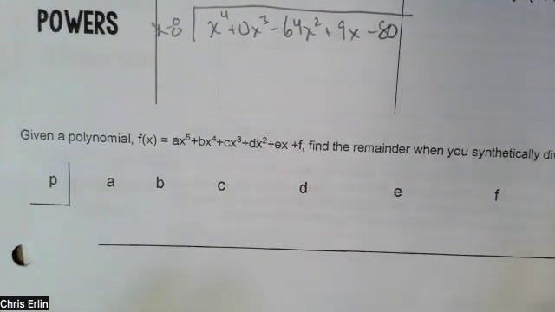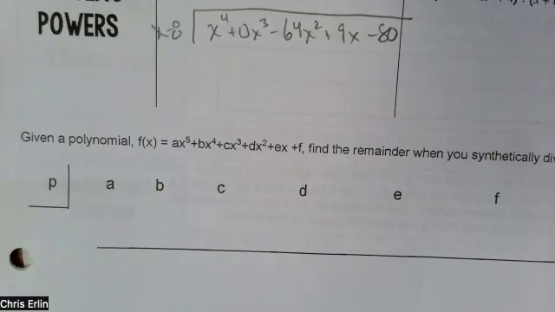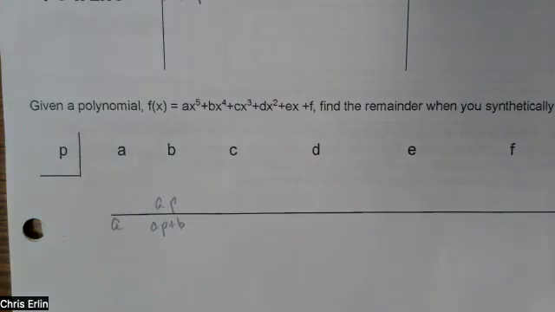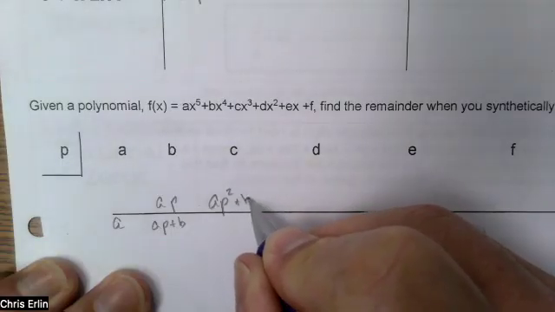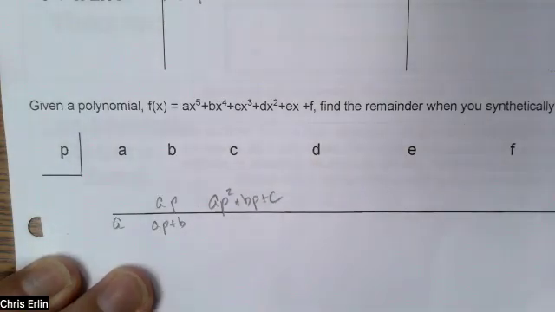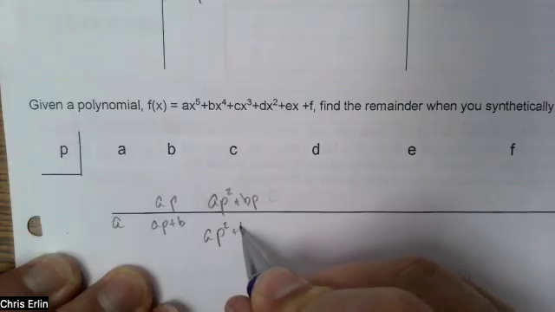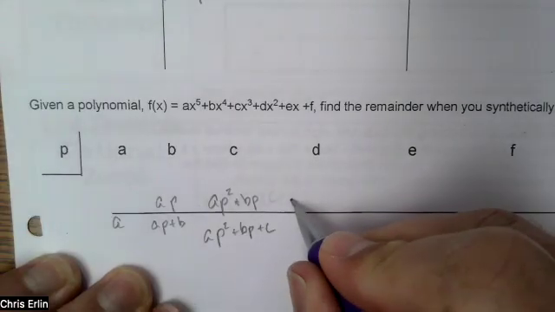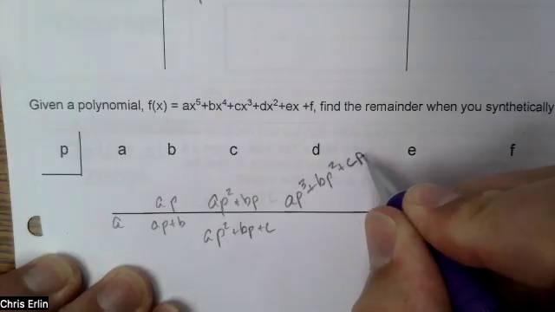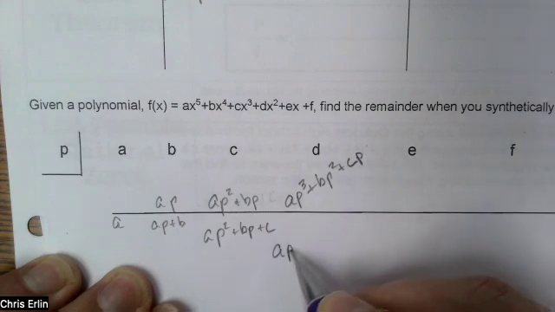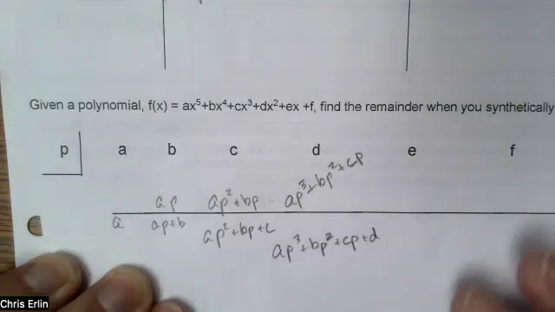Find the remainder when you synthetically divide by x minus p. Go. Are you seeing a pattern?